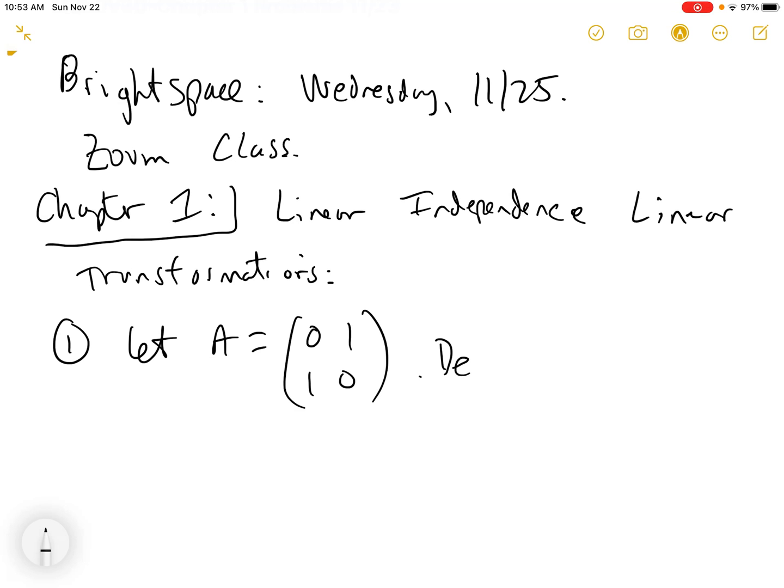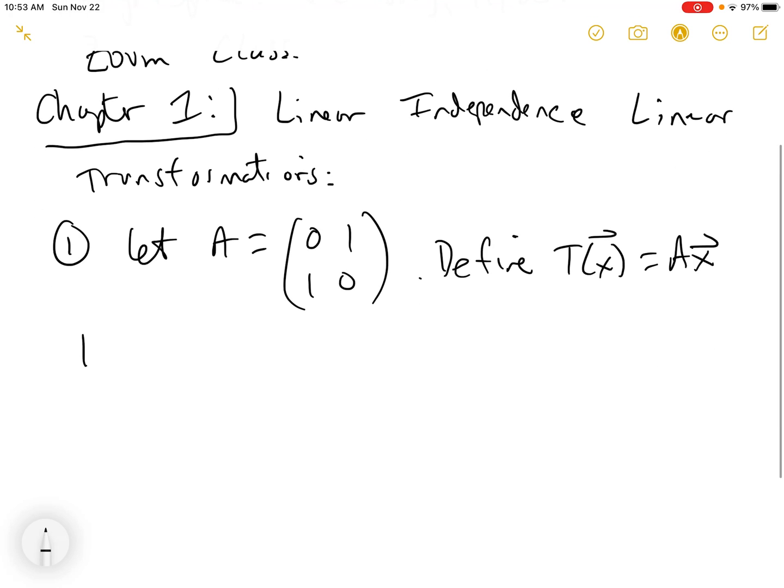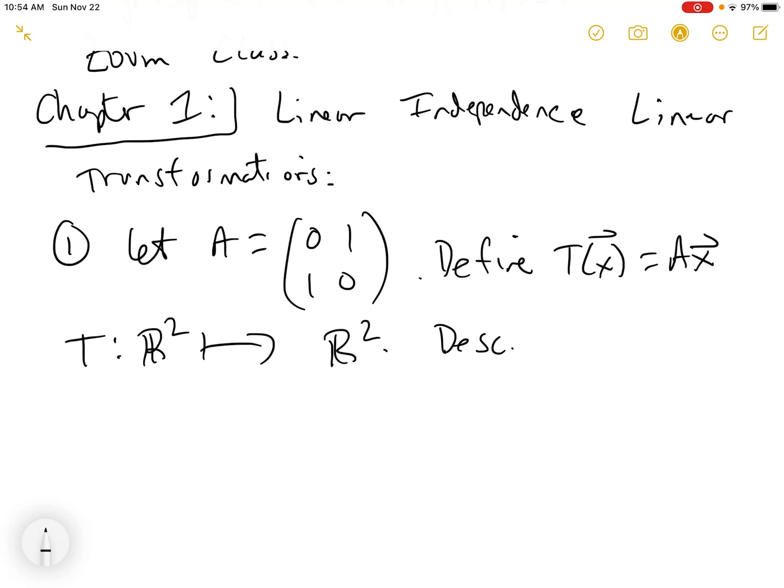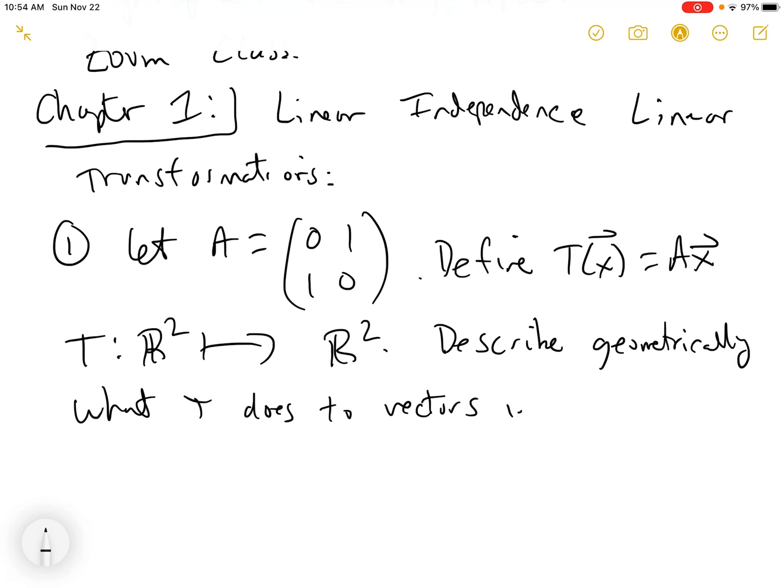We're going to define a linear transformation T(x) = Ax, and T takes R2 into R2. So you're to describe geometrically what T does to vectors in R2.